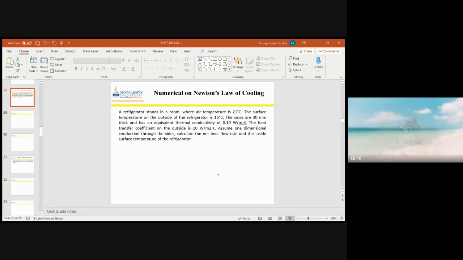21 degrees Celsius, h is 10 watt per meter square Kelvin, wall temperature is given. Surface temperature at inside is given as.